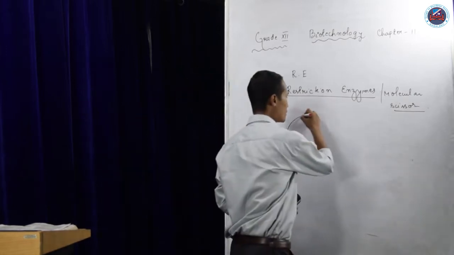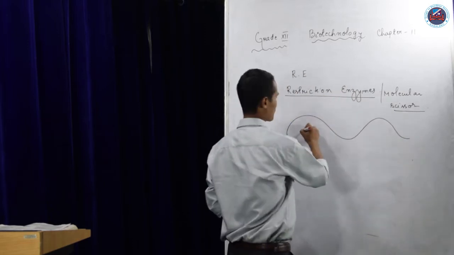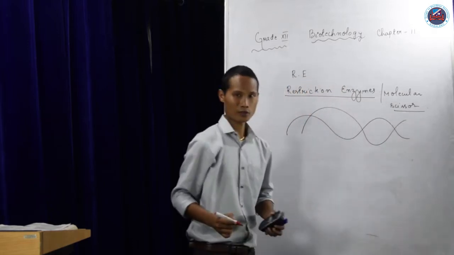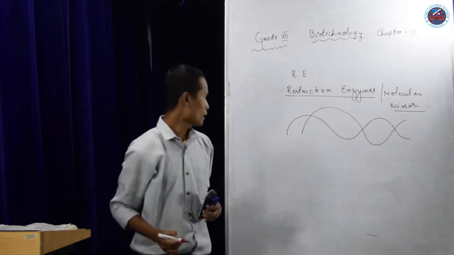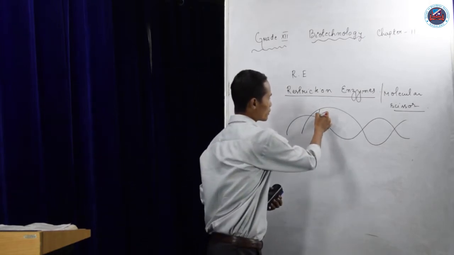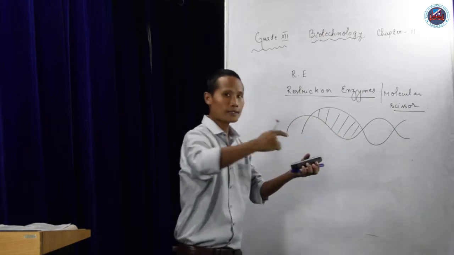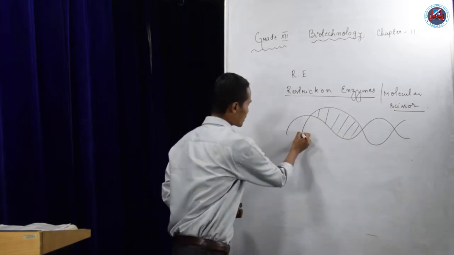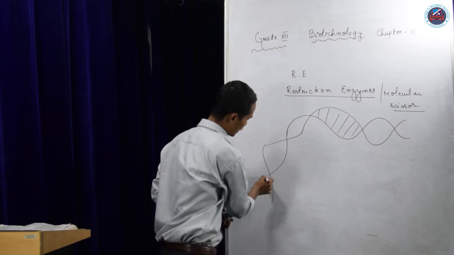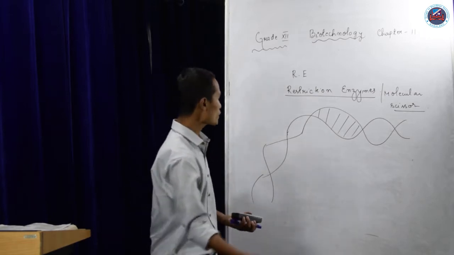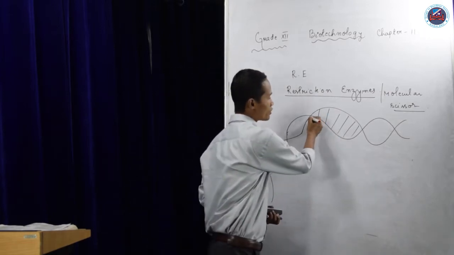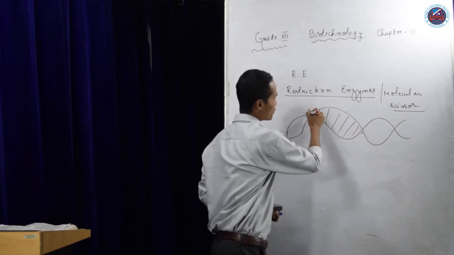For example, this is your DNA duplex, double-stranded DNA, and you want to cut at a specific point. Just say that this is your DNA molecule, a long DNA molecule, and you want to cut from this point to this point.